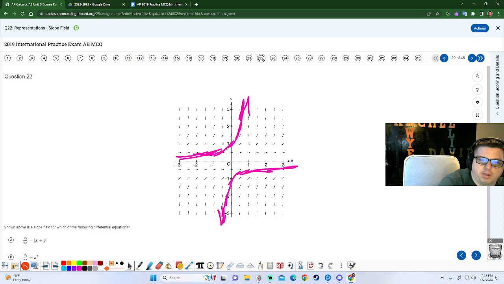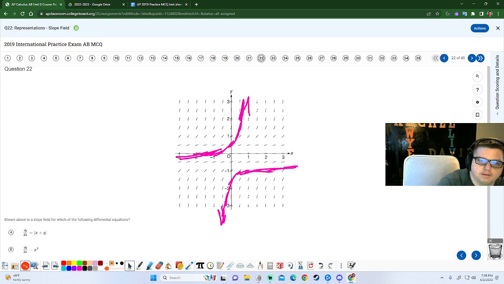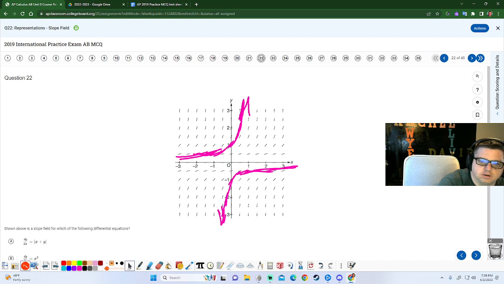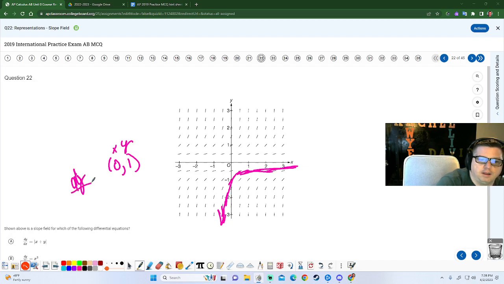Like if we plugged in 0 for x and 0.5 for y, what does our derivative look like? Maybe even do 1. So when we do 0 comma 1 for x and y, what does dy over dx look like? If we look at this, this is a positive slope.